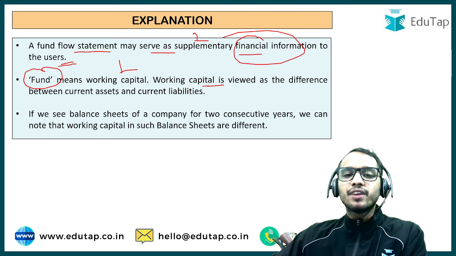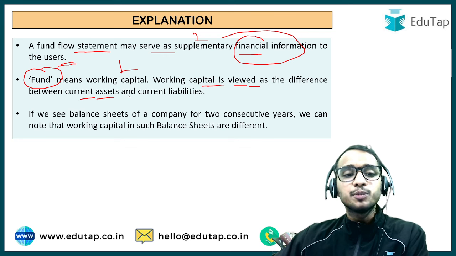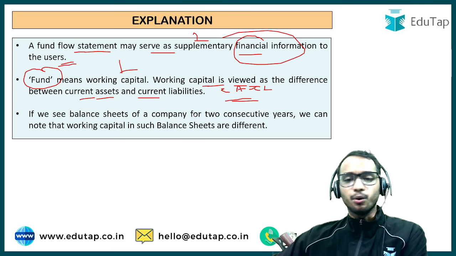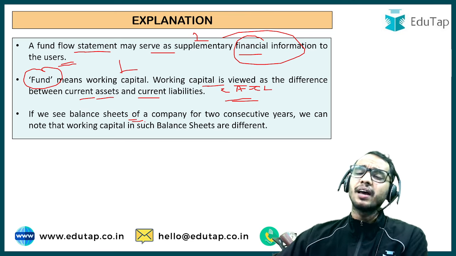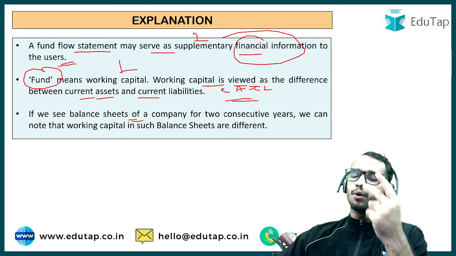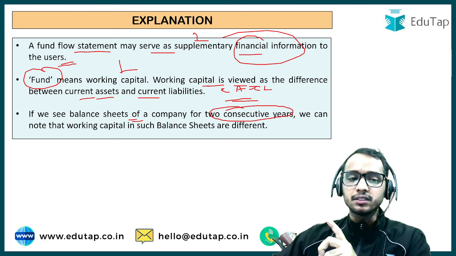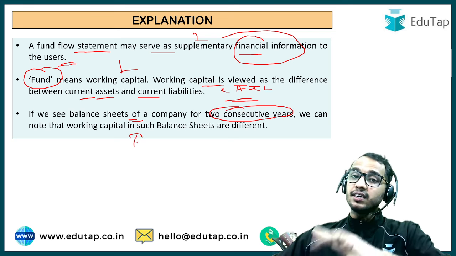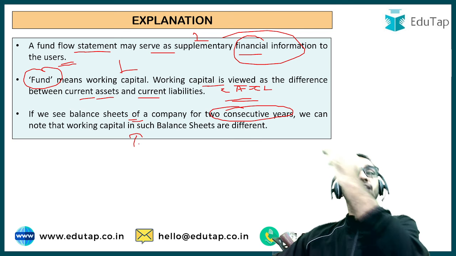Working capital is viewed as the difference between current asset and current liability. We have discussed that, CA minus CL. So if we look at the balance sheet of a single company for 2 consecutive years, we can note that working capital may be different, and the reason would be what? Sources and the application.